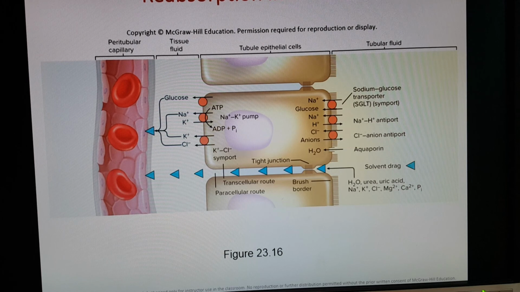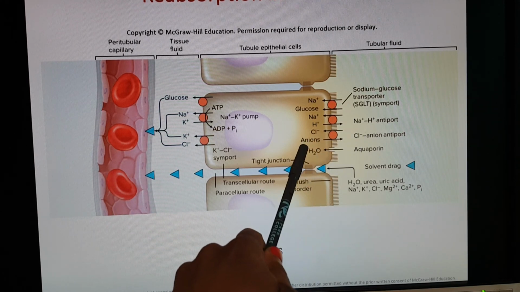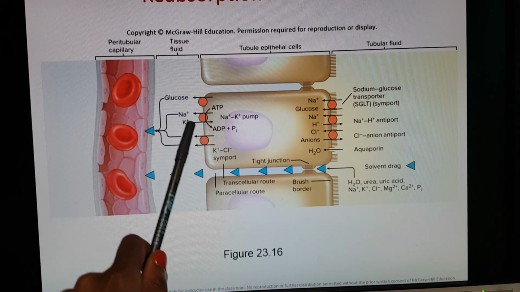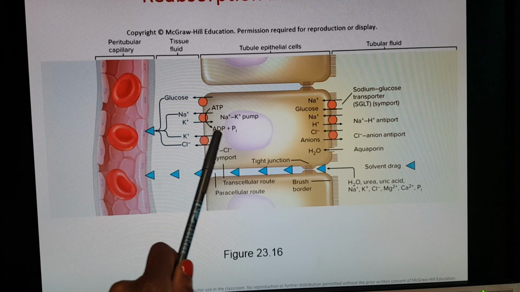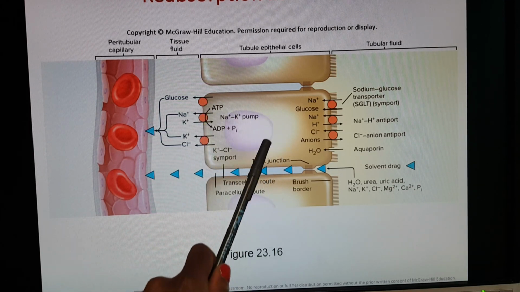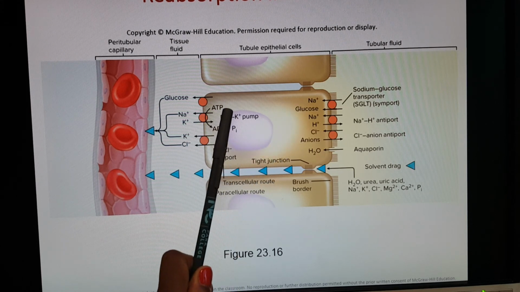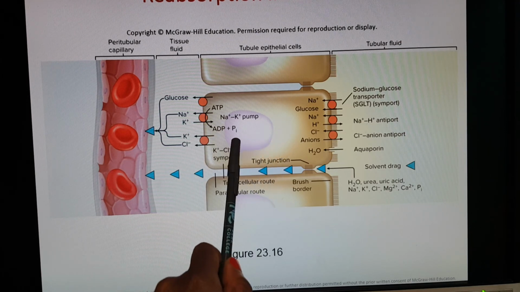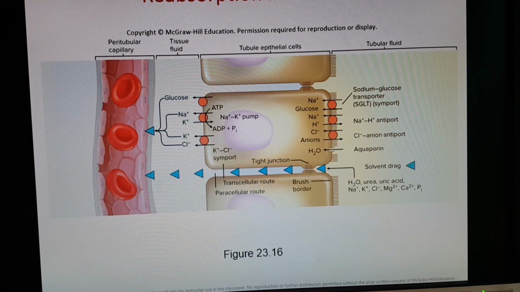And then a potassium-chloride symport, so chloride comes in, being attracted to sodium, then potassium, that sodium-potassium pump setting up that gradient, so you have higher potassium on the inside of the cell. So taking potassium down its concentration gradient, chloride also is electrically attracted since this is positive, and pushing it out of those endothelial cells so they can be absorbed into the capillaries.